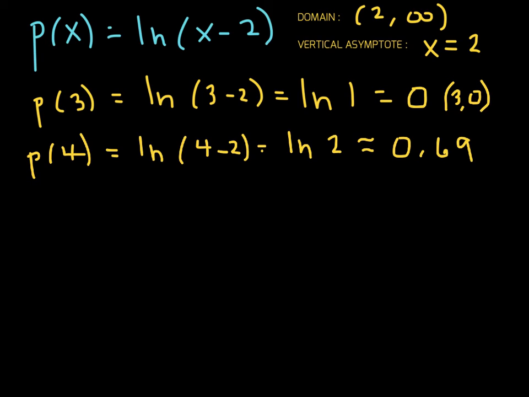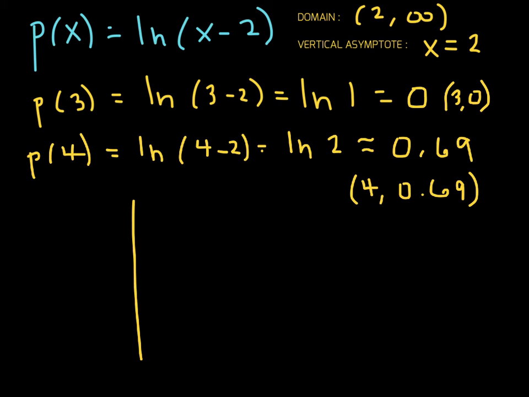Okay, guys, with this information, we can graph our function. I'm sorry, I forgot to write out the ordered pair for us. This ordered pair for that last one was 4, comma, 0.69, okay? Like that. All right, cool.